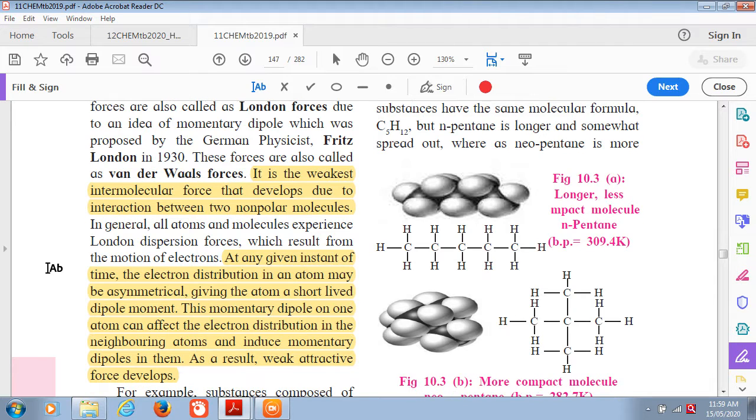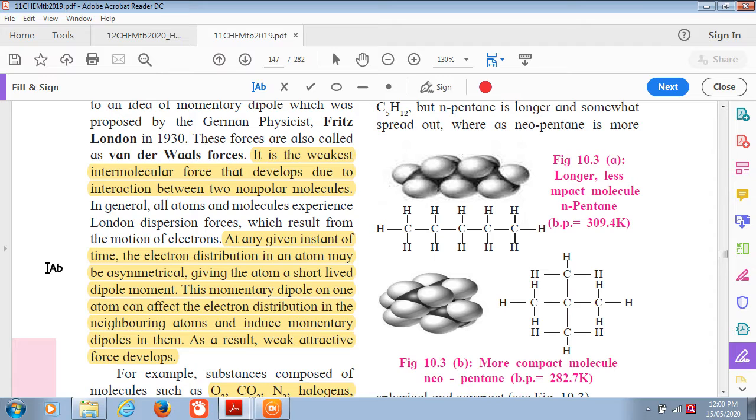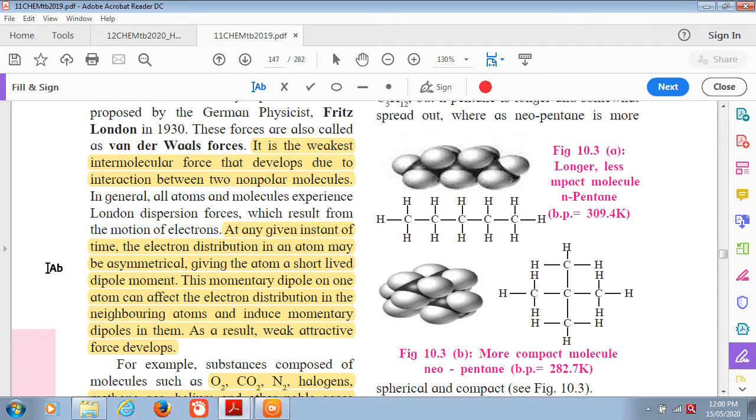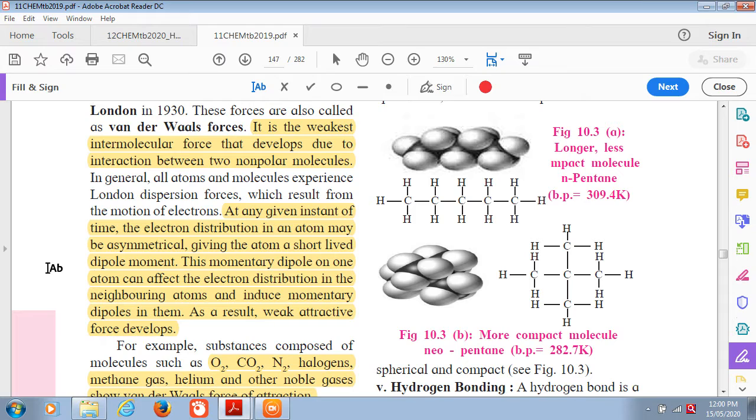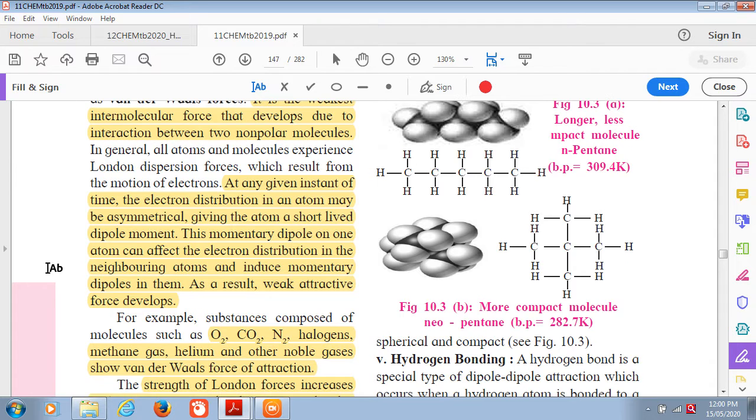So at any given instant of time, the electron distribution in an atom may be asymmetric, giving the atom a short-lived dipole moment. And this momentary, fraction-of-a-second dipole on one atom can attract the electron distribution in the neighboring atom and induce a momentary dipole in the next atom.